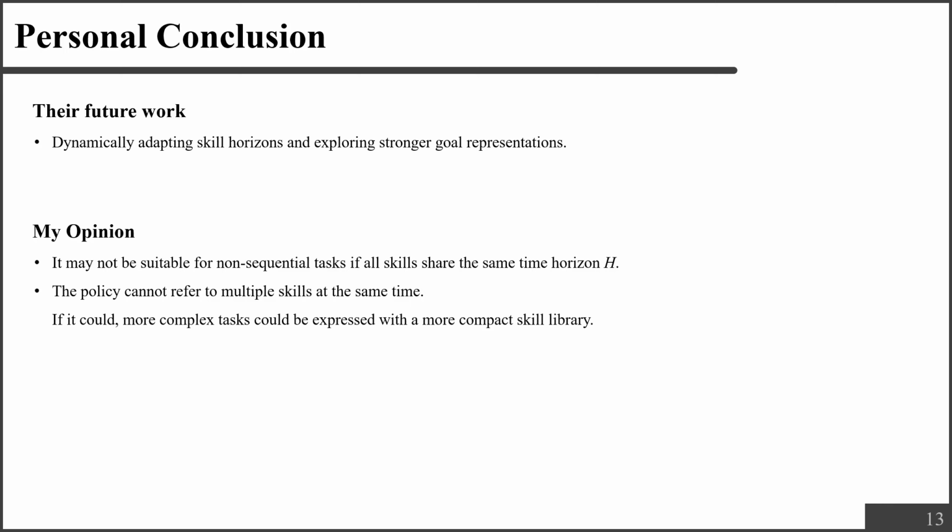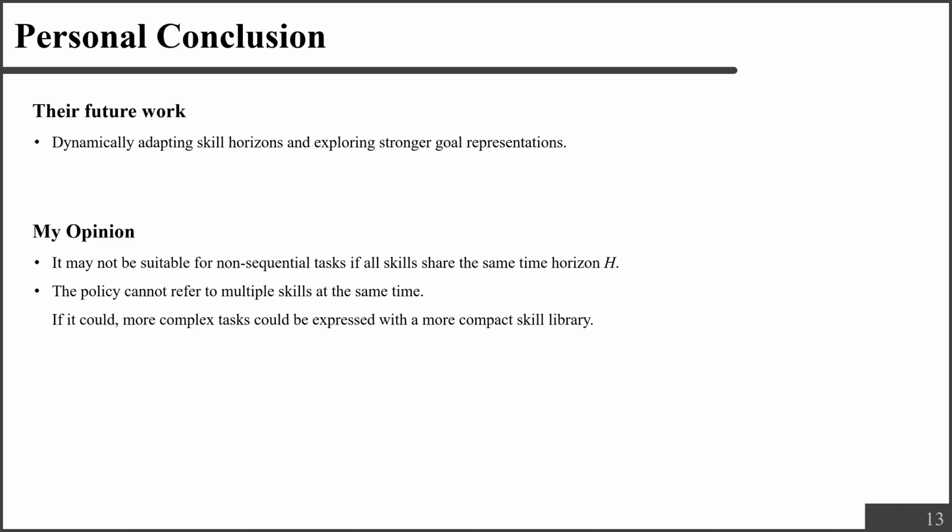This is the last slide. Their future work includes dynamic curricula, adapting skill horizons, and exploring stronger goal representations. And in my opinion about this paper, it may not be suitable for non-sequential tasks if all skills share the same time horizon h.